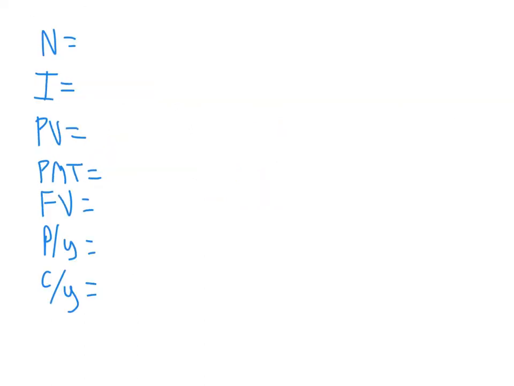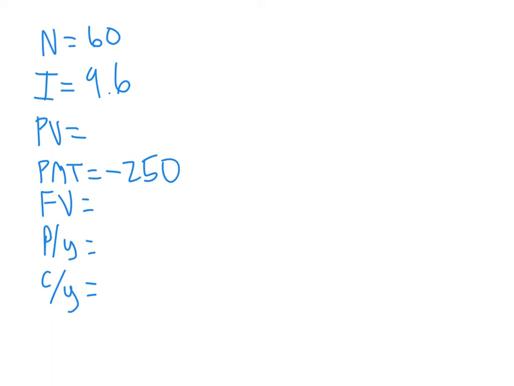Okay, for that same problem, if we're going to plug it into the TVM solver, we're going to start with N, which is in months. Remember, it was 5 times 12, which is 60. Then for interest, it was 9.6%. PV is what we're trying to solve for, so let's leave that for now. Payment was $250, and again, I'm just going to enter it negative so that it gives me a positive present value, but it doesn't really matter.